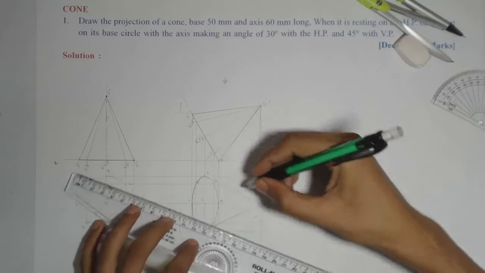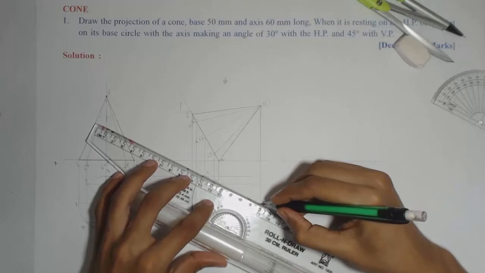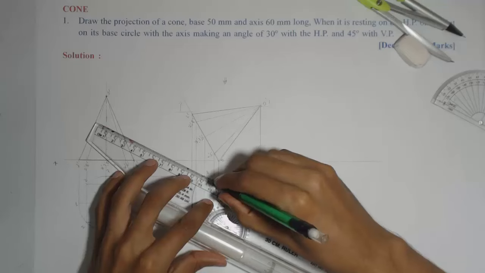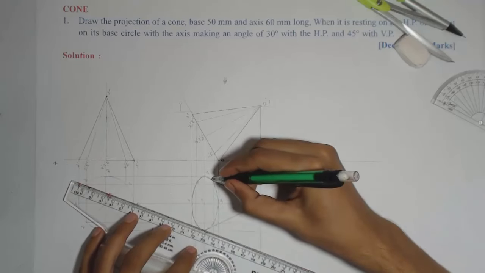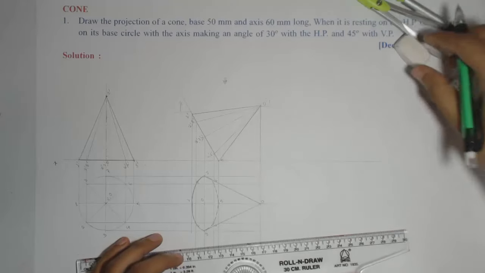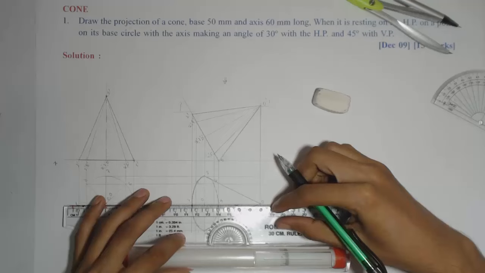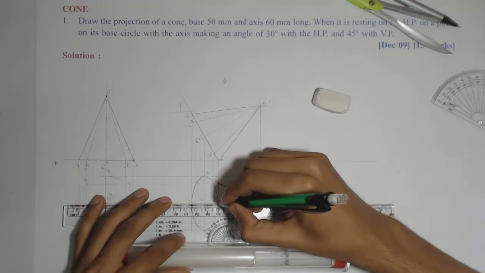So we are joining only up to the boundary, the tangent point to the ellipse. So it can be between 6 and 7 also, not exactly meeting at 7. And then at the end we will show the axis O dash O dash, OO by long dash short dash.